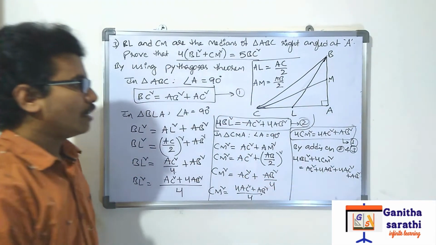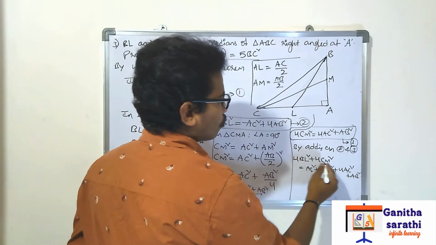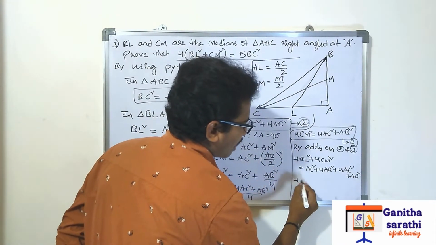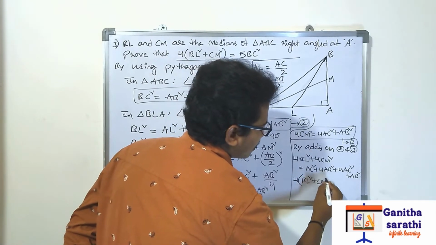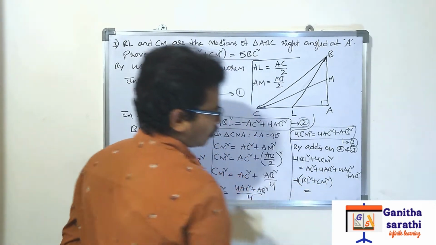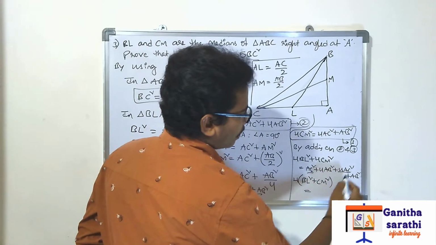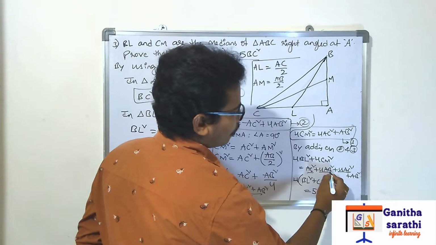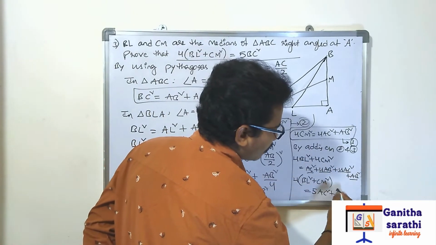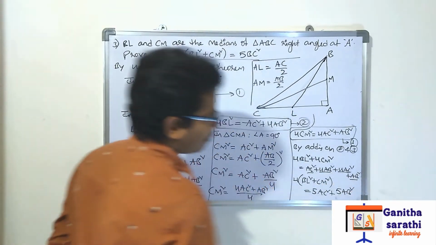Now we can take 4 as common on the left. So 4 into BL square plus CM square is equal to 5AC square plus 5AB square.